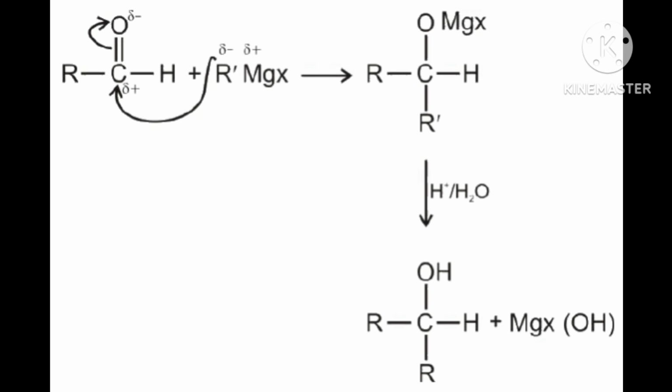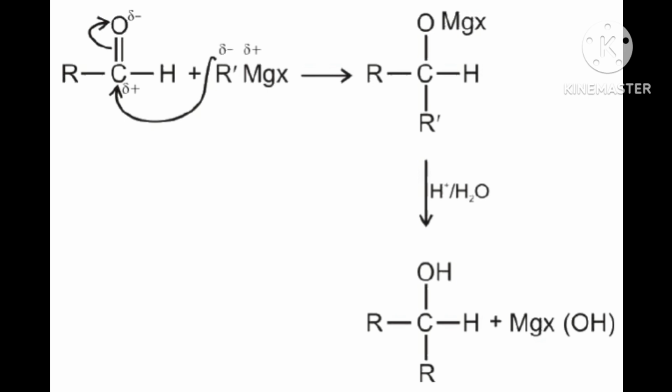Now see how a tertiary alcohol is formed. If you take a ketone, RCOR, two alkyl groups are there along with the C double bond O. Again this double bond will break, carbon will be positive and oxygen negative.